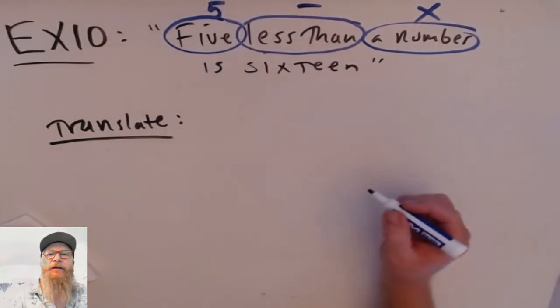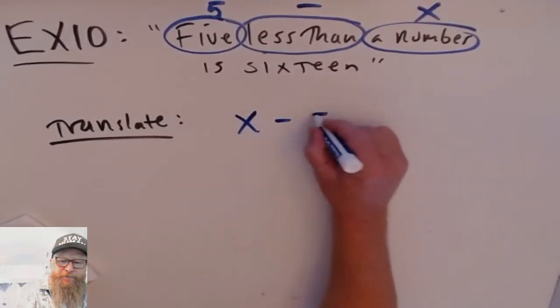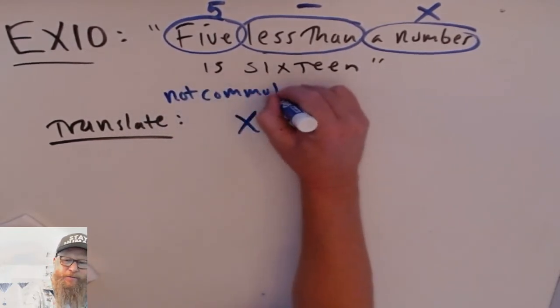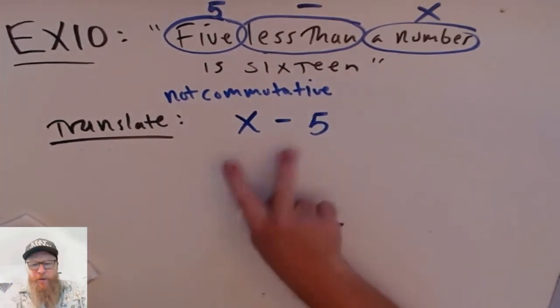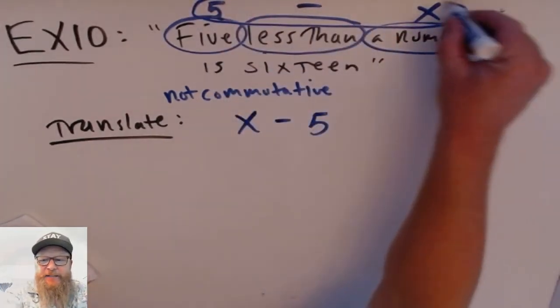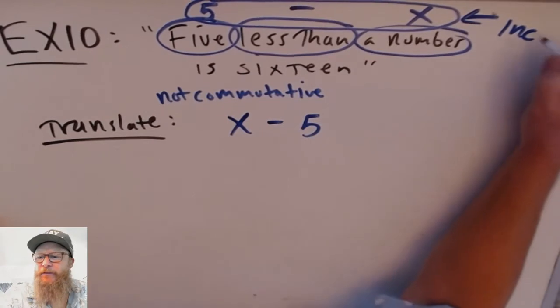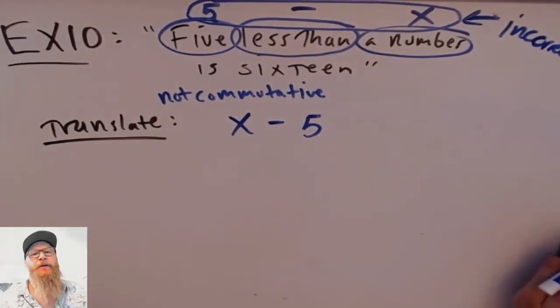5. Now, subtraction is not commutative. Which means that if you put this in the wrong order, if you put 5 minus x, this would be incorrect. All right, that would not be correct.